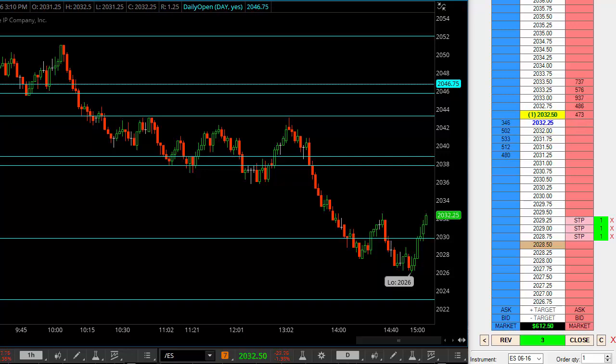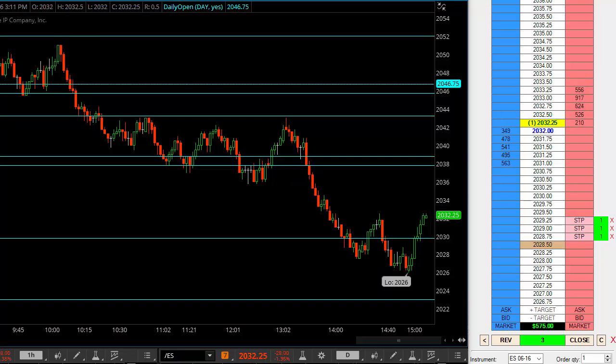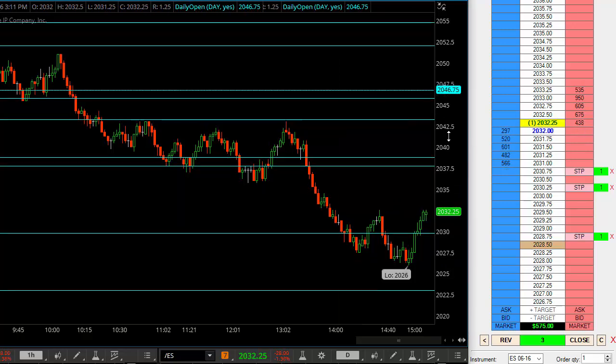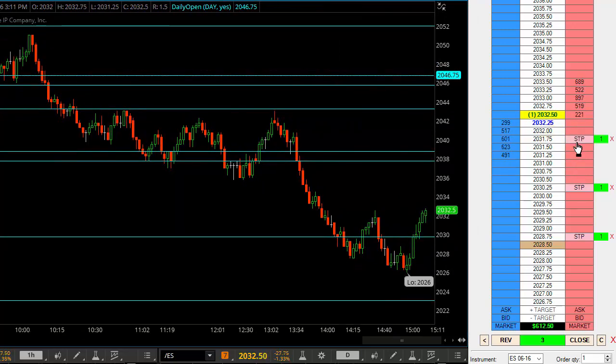So long 3 contracts up a little over $600 here. Watching S&Ps push up here, about a 4-point trade at this point.